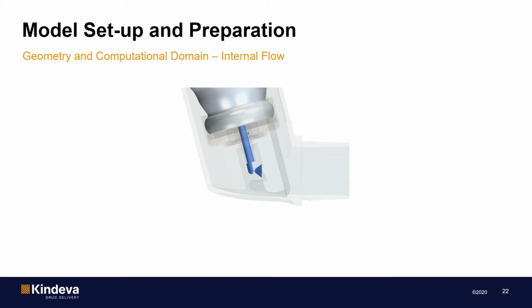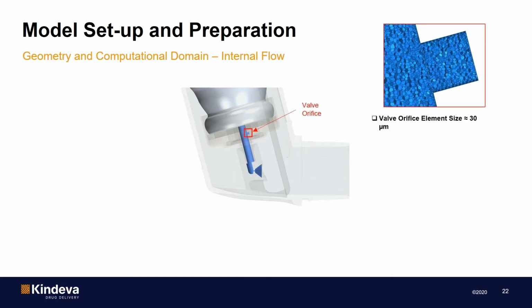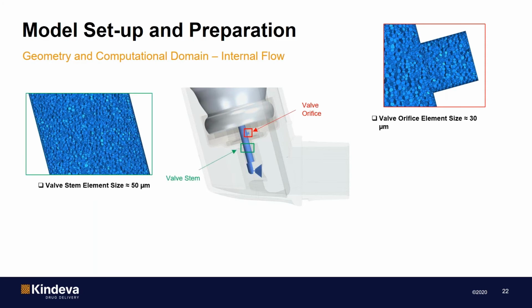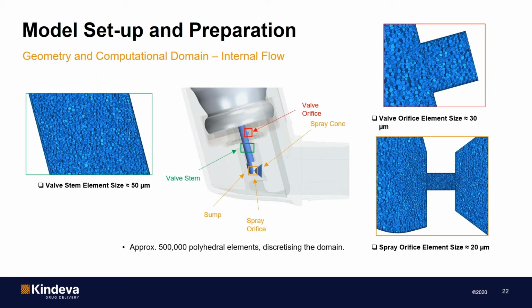And we discretize the computational domain by approximately 500 polyhedral elements, as you can see on the slide, and the base length scale of 50 microns was chosen after a series of trial and error to arrive at the right degree of convergence.